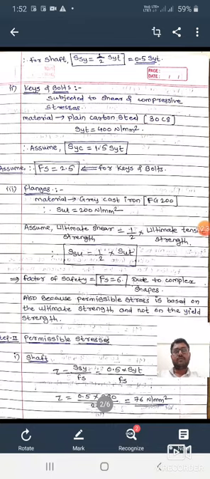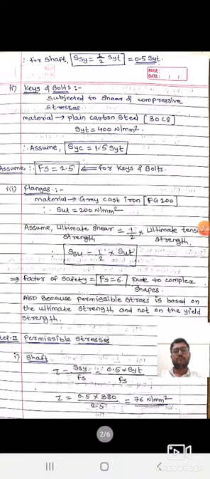Assume factor of safety Fs equal to 6 due to the complex shape of couplings or flanges, and also because permissible stress is based on the ultimate strength and not on the yield strength.